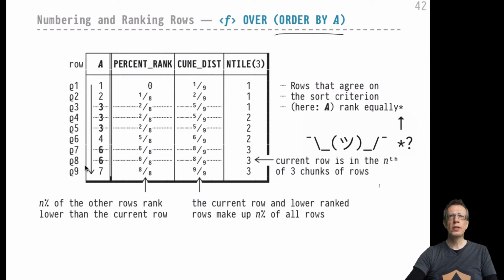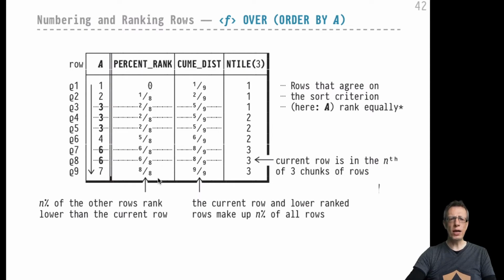And once we have that, it makes sense, for example, to talk about percent rank. The percent of other rows that rank lower than the current row. So looking at the first row here, there is no other row that ranks lower than this first row. So our percent rank would be 0.